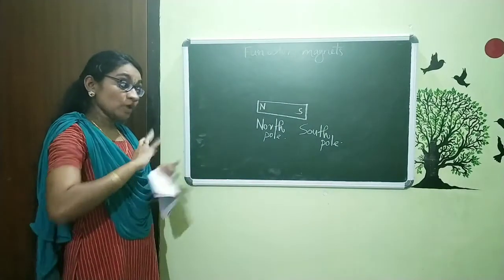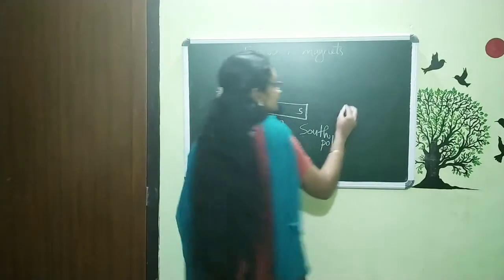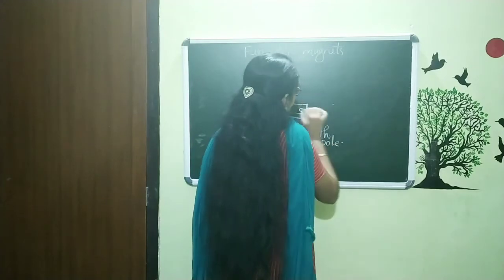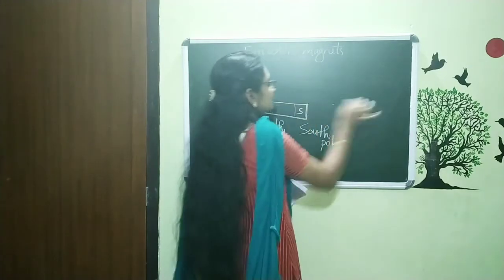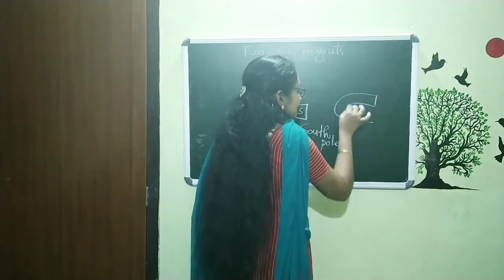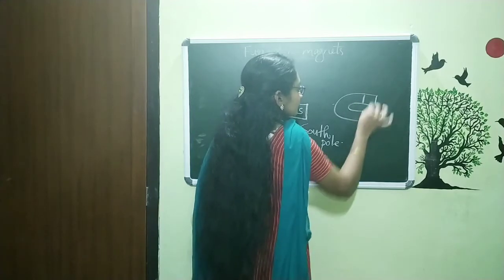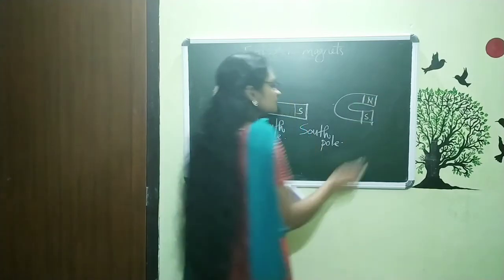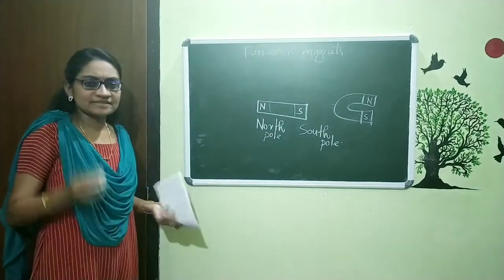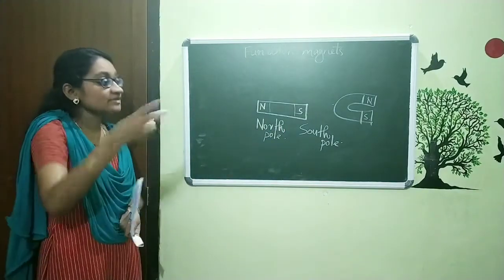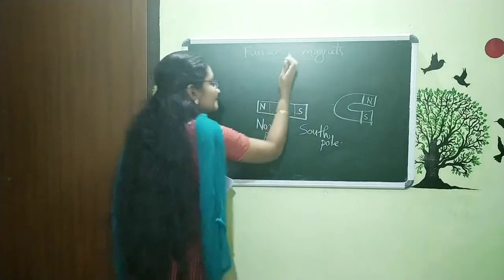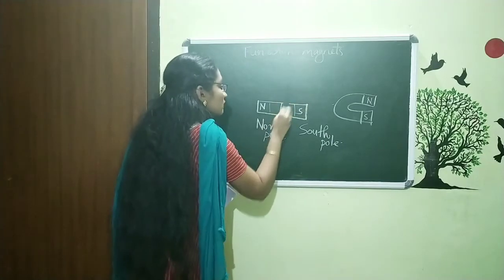So for all magnets, whether it is in the shape of a bar magnet or a horseshoe magnet, north is this and south is this. All types of magnets have two poles, one north pole and one south pole. When I cut this magnet into two, what happens?